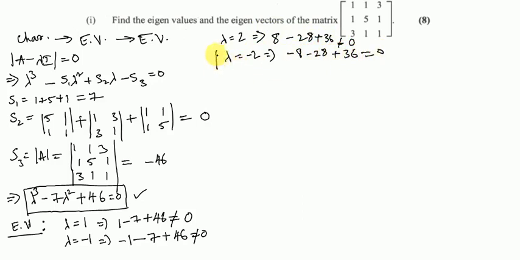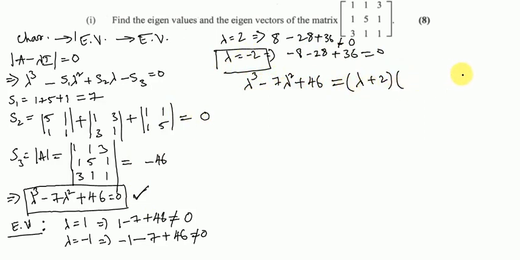So lambda equals minus 2 is satisfying this equation. So this is one of the roots. Now we can write this characteristic equation, with the root minus 2, as lambda plus 2 into some other factor.